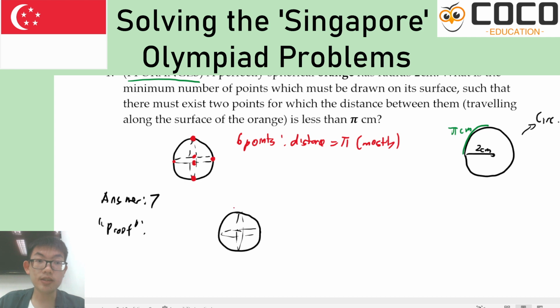Firstly, just by rotation, let's say that the first point we pick is at the top. Now, straight away, if we were to put the one at the top, the entire top hemisphere cannot be used if you are trying to make the distances all at least pi centimeters. So essentially the question now becomes, in one hemisphere, how many points can you put?